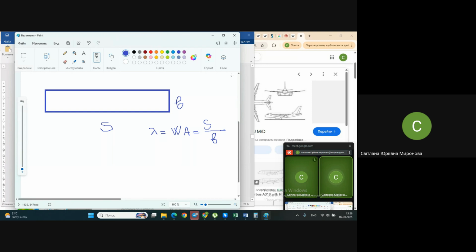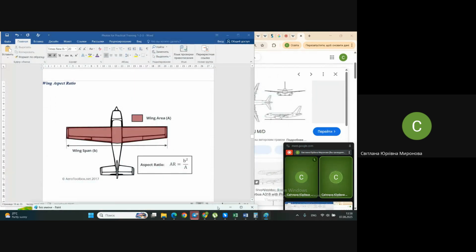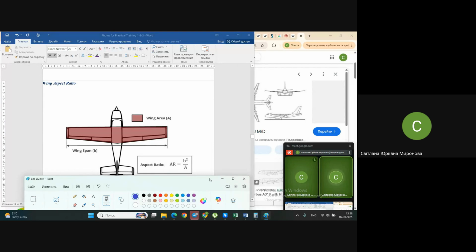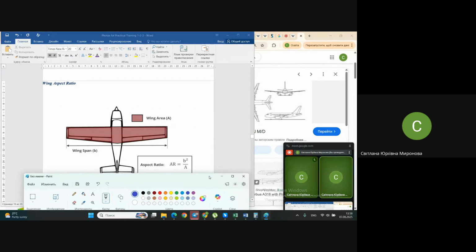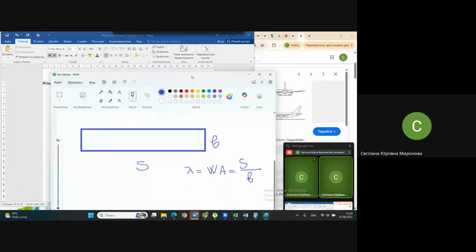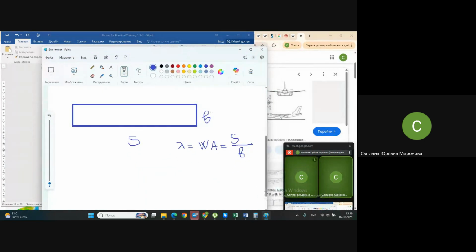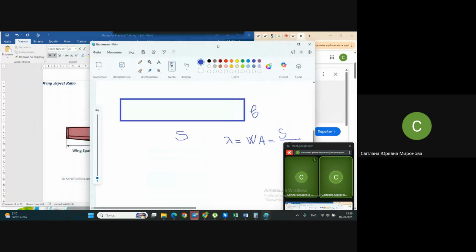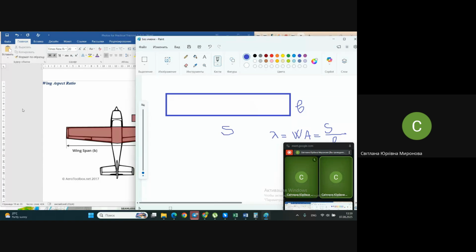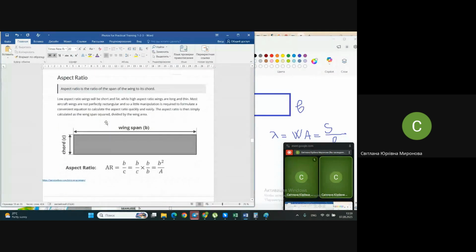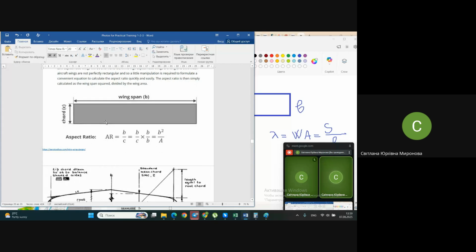And one more variant is shown in the slide here. It's for the case when we have no equal chords, as you might see, in the root and in the tip. In case you have a swept wing, you may find so-called, here, you see.